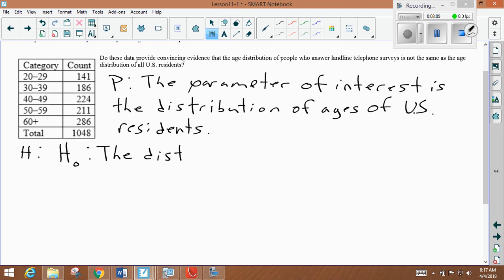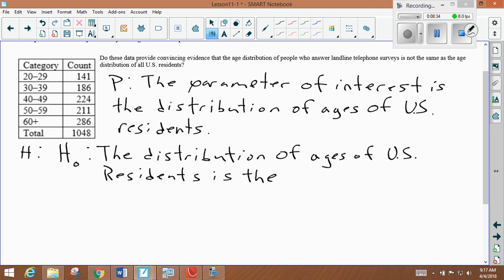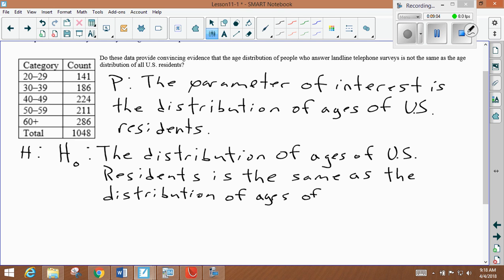The distribution of ages of all U.S. residents is the same as the distribution of ages of people who answer landline telephone surveys.